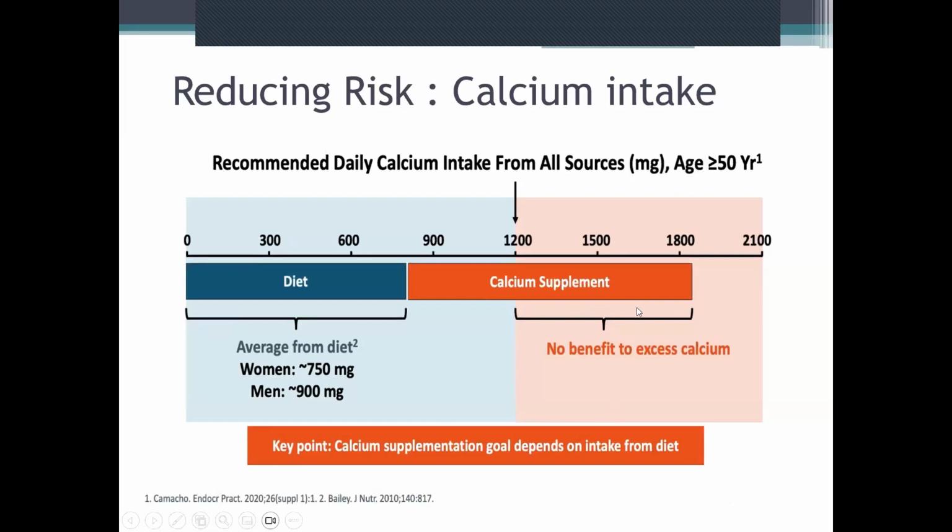So when we talk about calcium intake, you want to include the overall calcium, including what's in the diet. If you are getting about 800 milligrams from the diet, then you probably just need about 400 to 500 milligrams of calcium a day.